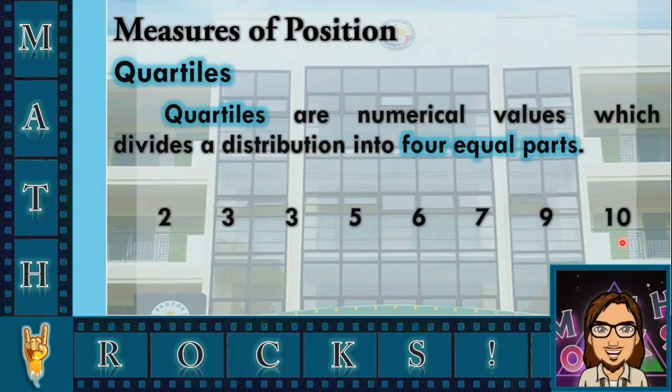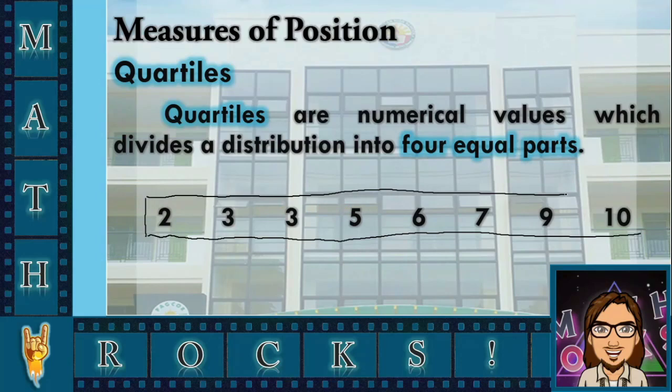The quartiles are said to be these 3 numerical values that divide the distribution into 4 equal parts. Knowing that we have this number of observations, 1, 2, 3, 4, 5, 6, 7, 8, let us enclose all these observations in a box like this, locating exactly the middle portion of the distribution, which we know to be our median.